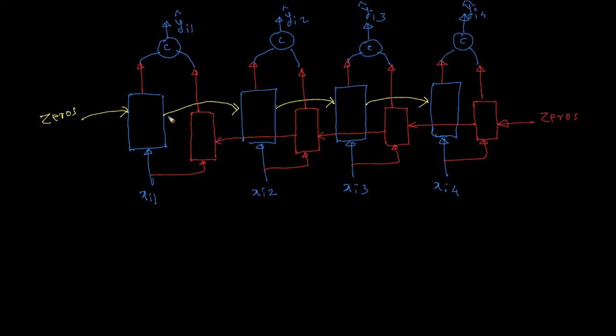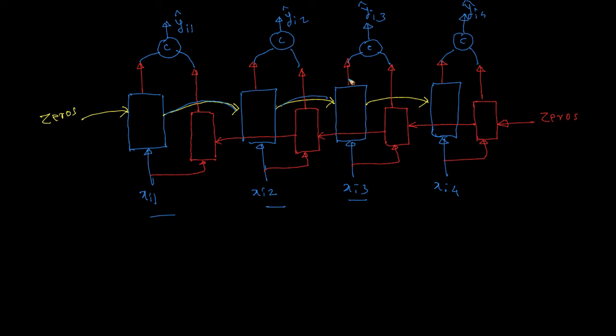Now if you see yi3, what are its inputs? yi3 gets xi1, xi2, and xi3 from this side. If you follow the direction of the arrows, xi1 comes here, and xi2 is also transmitted here. From the other side it also gets xi4, because xi4 goes to this unit and its output is transmitted here.